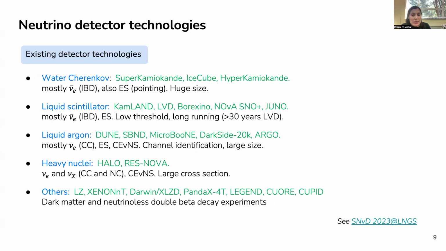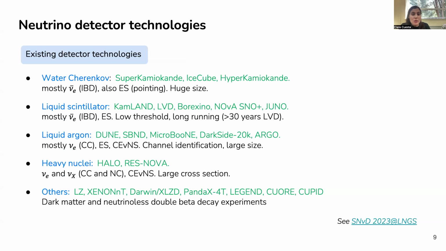Then we have the liquid scintillator detectors like KamLAND, LVD, NOvA, Borexino, SNO+, and JUNO. They are also mostly sensitive to electron antineutrinos and to electron scattering. This is a robust technology. For instance, LVD has been running for more than 30 years in stable conditions.